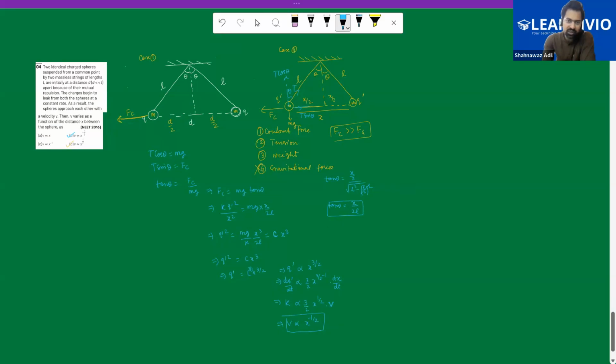So v would be x to the power minus half. So we have to just apply this idea of equilibrium, right? All these forces are in equilibrium, so we have these two conditions, and we apply this, then we get this answer. So this was this question. Now you just correct whatever portion was incorrect, and then we'll move on to the next part, right?